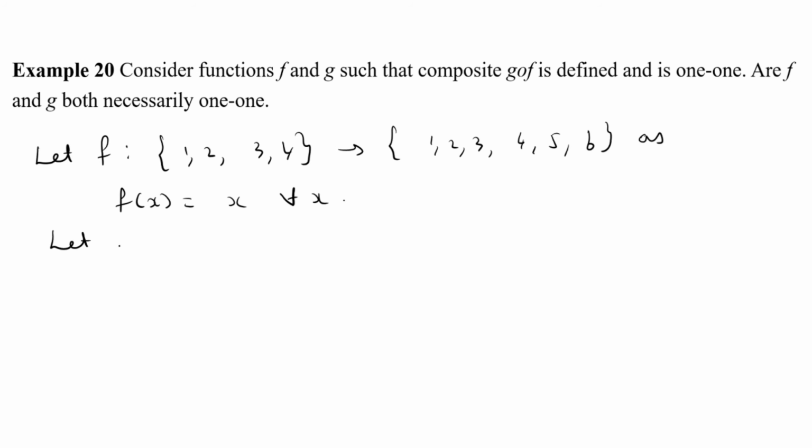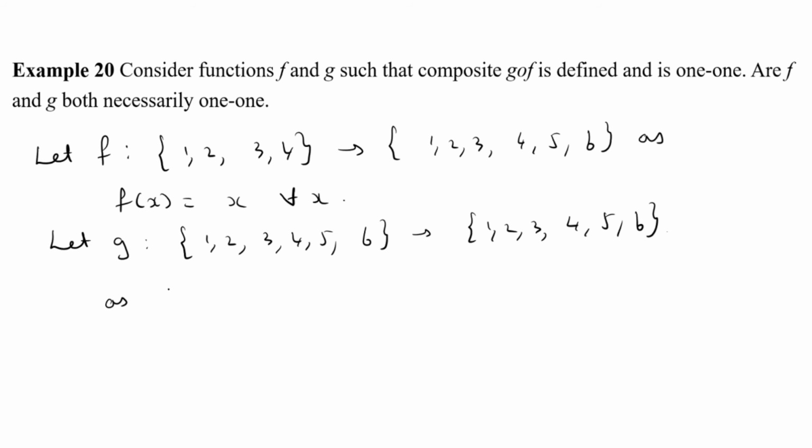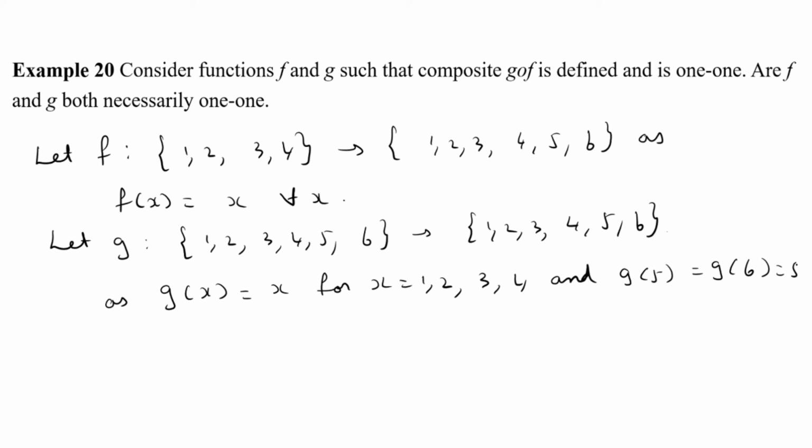And let g be the function from {1, 2, 3, 4, 5, 6} to {1, 2, 3, 4, 5, 6}, defined as g of x is equal to x for x equal to 1, 2, 3, 4, and let g of 5 equal to g of 6 equal to 5.